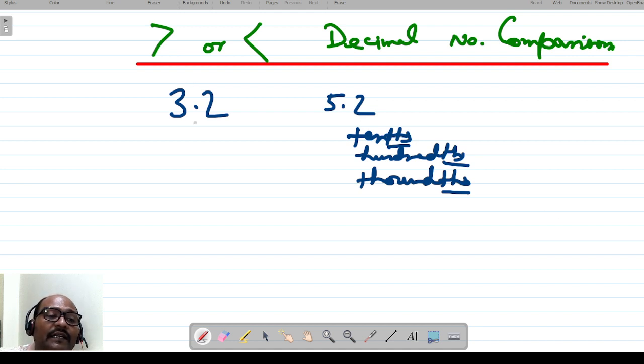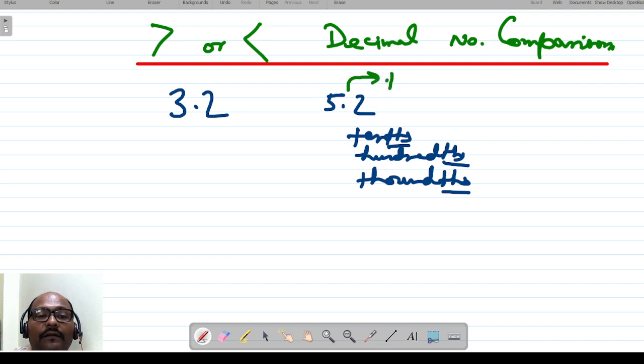Here you can see 3.2 and 5.2 both are covering the tens and ones places. When two numbers are like this, the comparison is very easy. You need not go to the right side of this decimal.